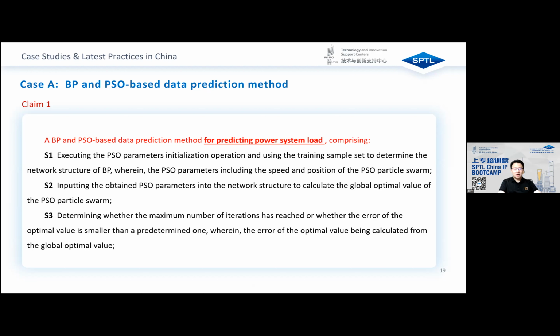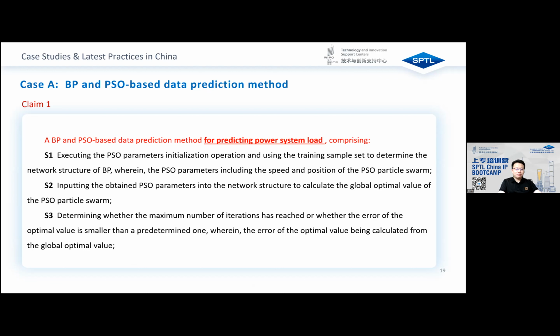However, in these steps, the algorithm is interpreted in a purely theoretical way. Taking step 1 for an example, it says that the PSO parameters initialization operation is executed, and the training sample set is used to determine the network structure of BP.